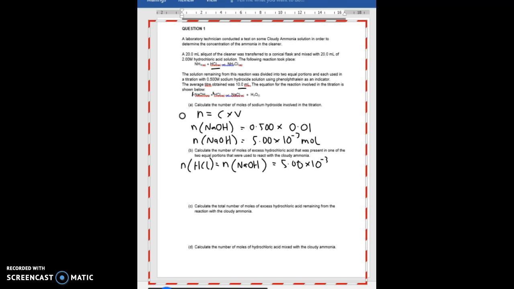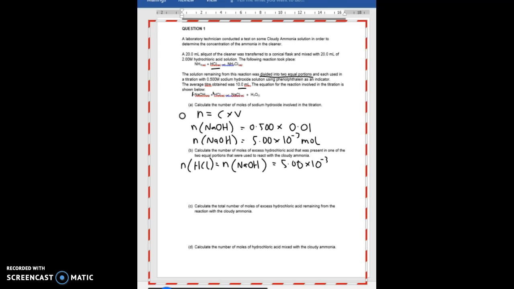Okay, part C, calculate the total number of moles of excess hydrochloric acid remaining from the reaction with the cloudy ammonia. So in this case here, as you notice, they've divided that up into two equal portions. So the answer is basically going to be double what we've got there.